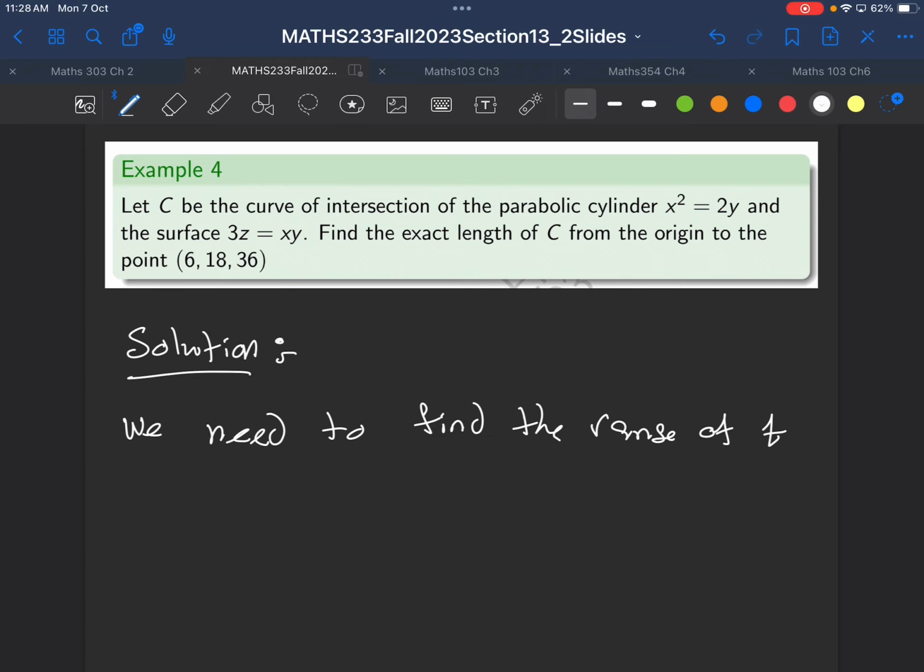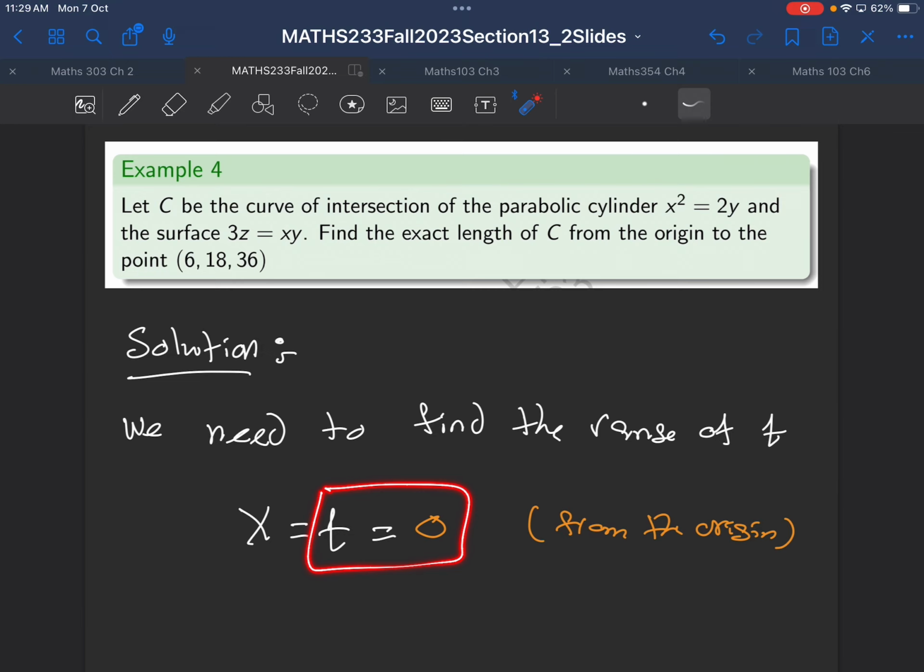How do we find the range of t? We need to compare. I have the origin, which is 0, 0, 0. So I will compare my x equal to t to 0, which is from the origin. That means t equals 0, because there is nothing actually I need to do. It's directly t equal to 0.